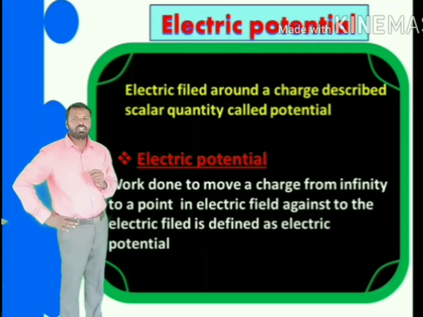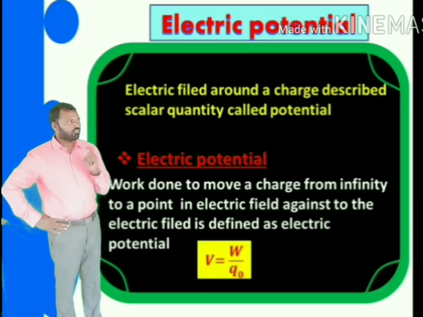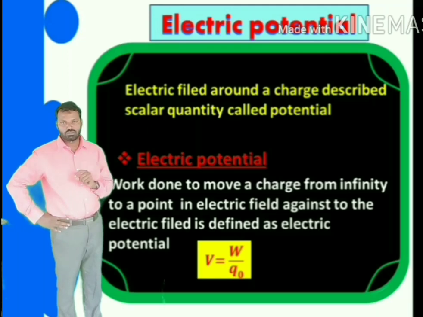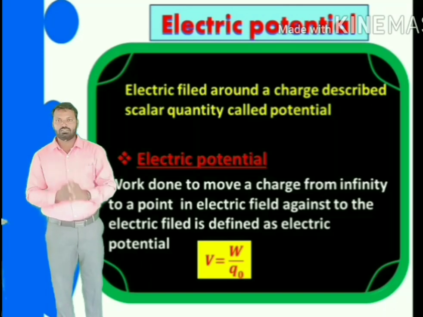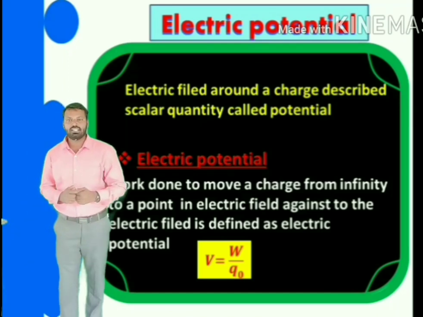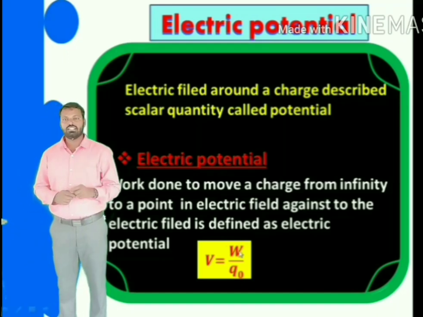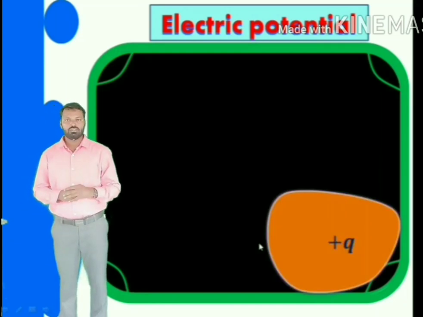It is denoted with capital V. V is equal to W by Q0. Q0 is the test charge which is being brought from infinity to a point. To do that, you have to do work externally. That work done is W. So, V is equal to W by Q0.